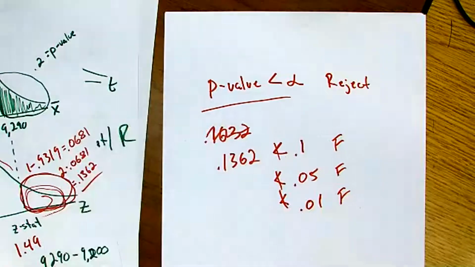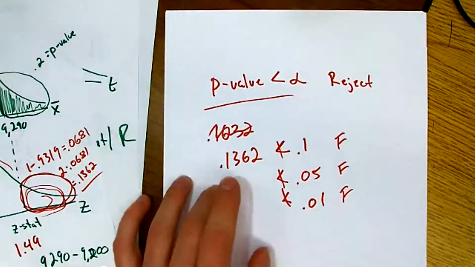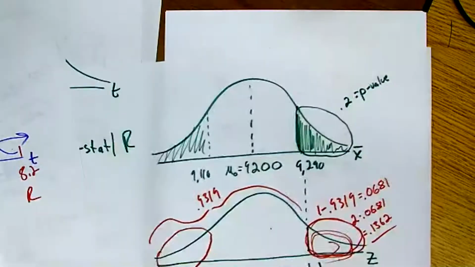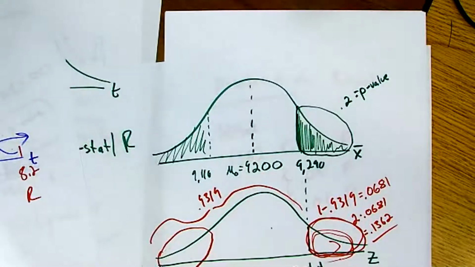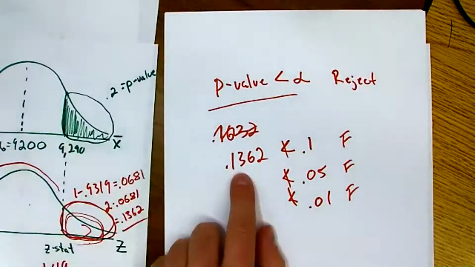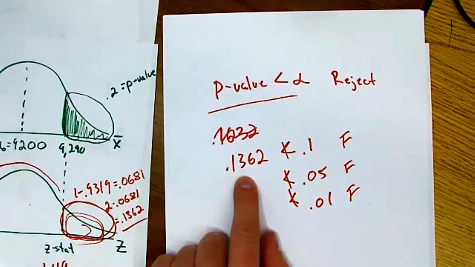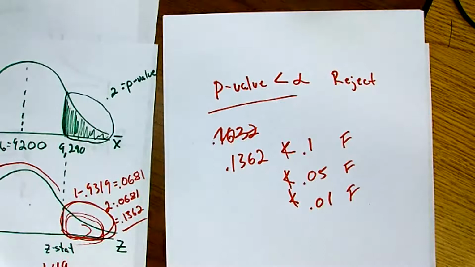So I fail to reject at every single level, right? The probability of seeing what I saw, if in fact the true mean was what I assumed it to be, wasn't below these thresholds I set. I still had a 13% chance that I saw the sample mean that I did.